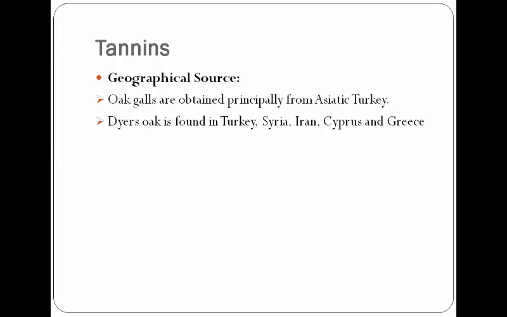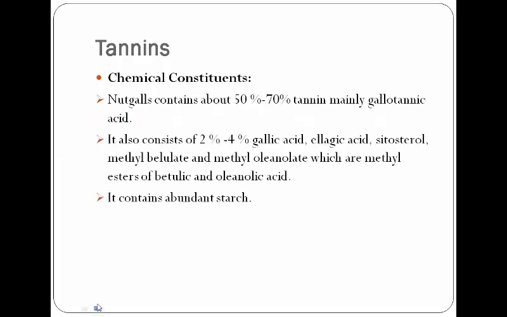As far as the geographical source of galls is concerned, they are principally obtained from Asiatic Turkey, and are found in Turkey, Syria, Iran, Cyprus, and Greece. The major portion of the gall is gallotannic acid, which accounts for about 50 to 70%.